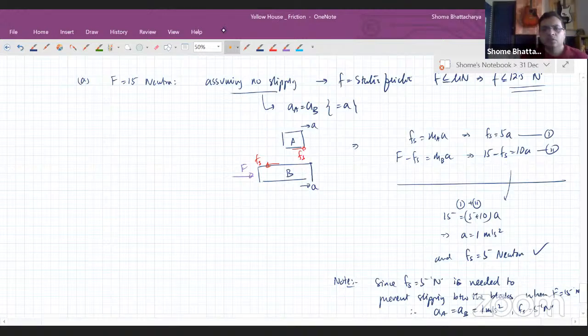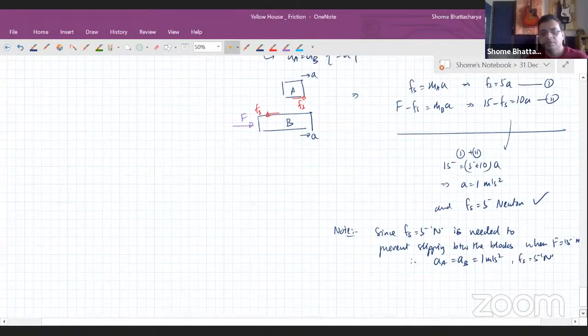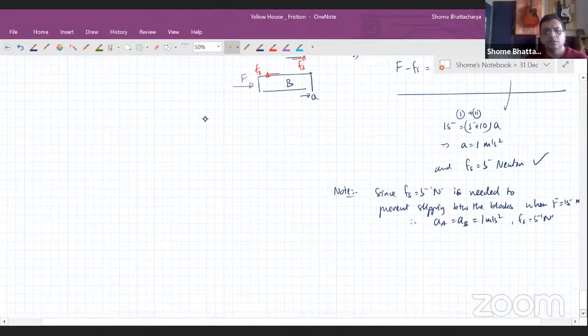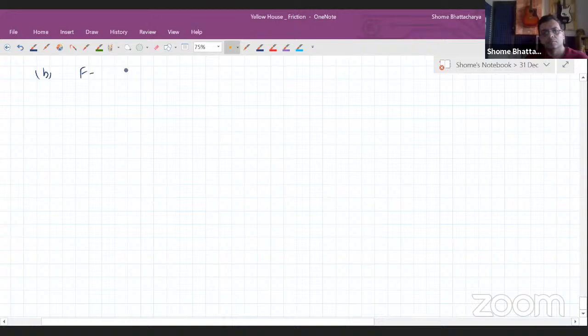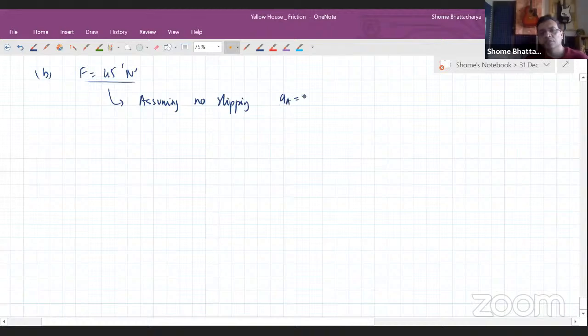Okay, let's work out the second part. So in the second part, when we increase the force to 45 newtons, again we'll see what happens if we assume no slipping, that is acceleration of A is equal to acceleration of B, which is equal to A suppose, and static friction should be less than or equal to the limiting value.